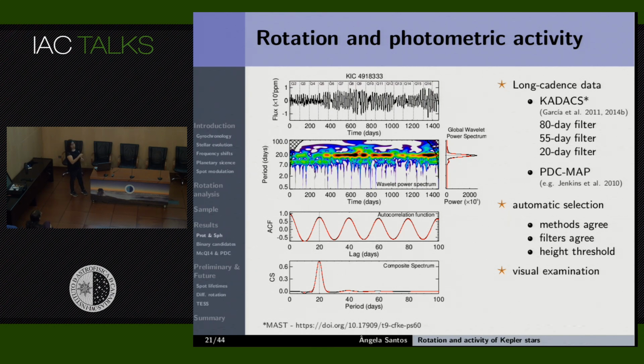The normalized global wavelet power spectrum and the normalized autocorrelation function, and basically it highlights all the peaks that are common to both methods. Okay. Thanks. We'll talk tomorrow.